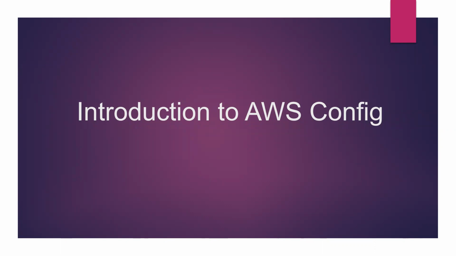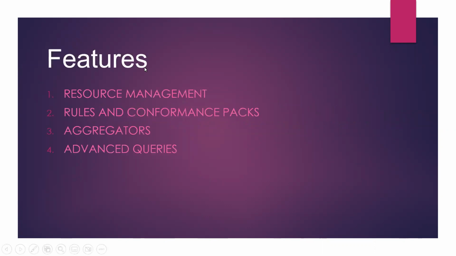Now let's see the features of AWS Config. The first one is resource management. Here we can specify which resource types we want AWS Config to record. We can also set up an Amazon S3 bucket to receive a configuration snapshot on request and for configuration history.